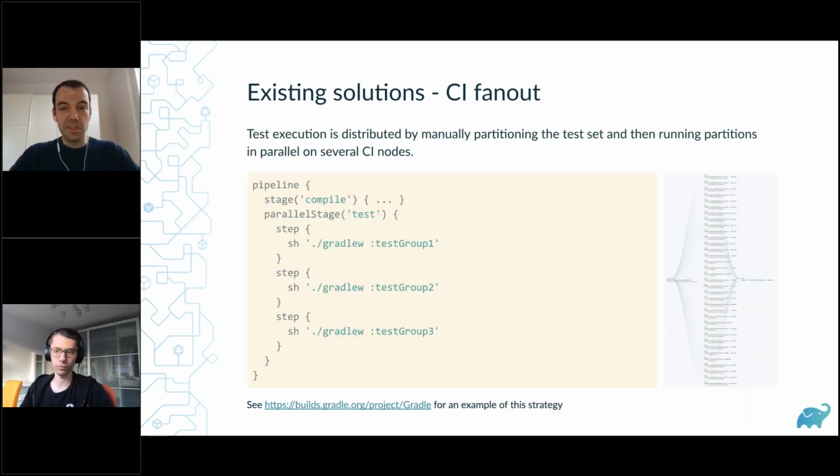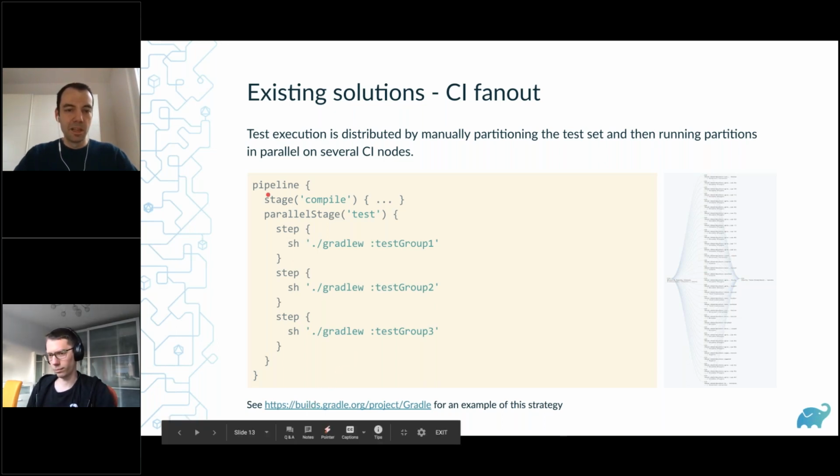Another solution is called CI fan-out. And here, test execution is distributed by manually partitioning the test set and then running the partitions in parallel on several CI nodes. So it usually looks like this. This is a pseudo pipeline script. So you have some stage called compile, where you compile all your test classes or your production classes as well.